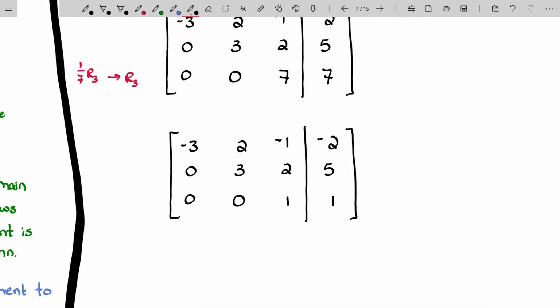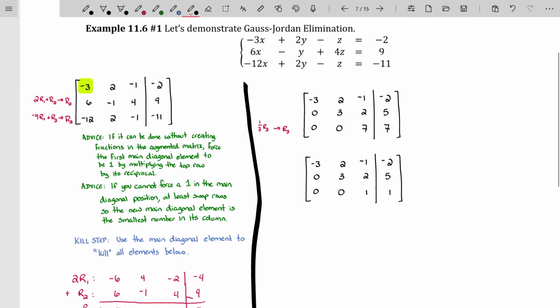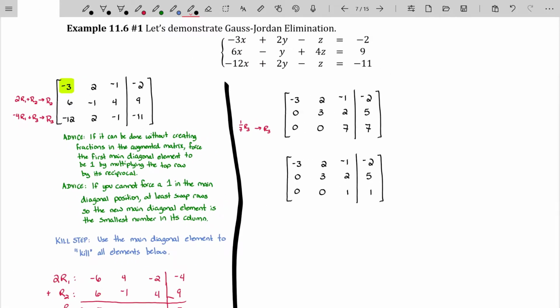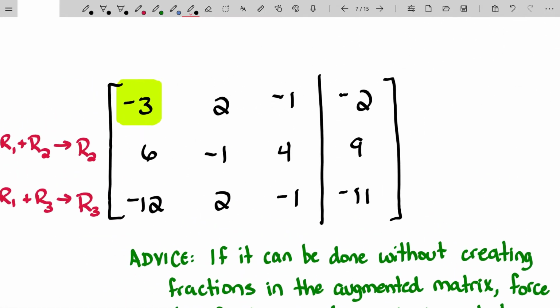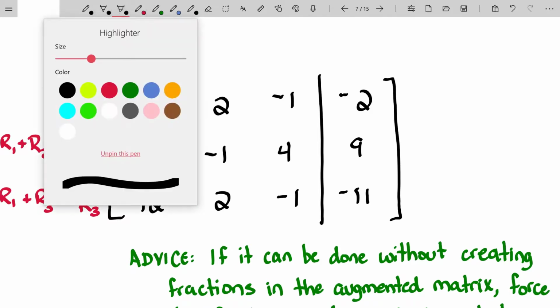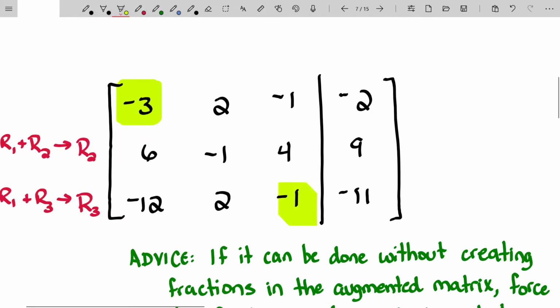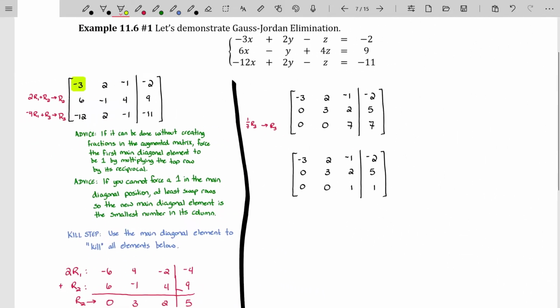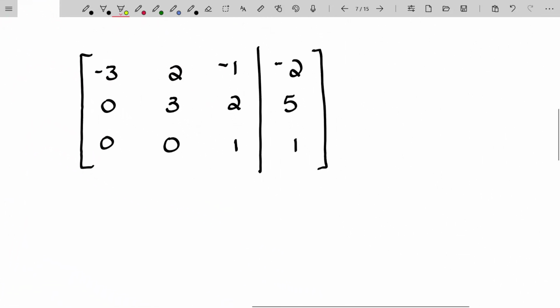Now at this point, what we have is called the Gaussian elimination. So this would be finished. Gaussian elimination is basically working from the main diagonal and killing everything below using the main diagonal. And then what Gauss did at this point is he put it back into equation form and used back substitution.